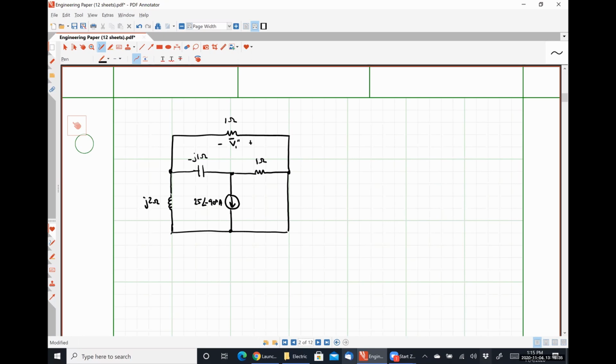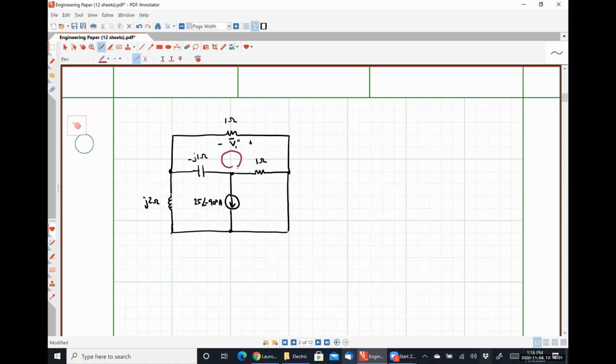What was that? All right, so the suggestion is to do mesh analysis. I have no problem with that, but I would argue that nodal analysis would be the smarter play because it's going to be 3 equations, 3 unknowns either way. So why not just solve for the voltage directly? But we'll do mesh.